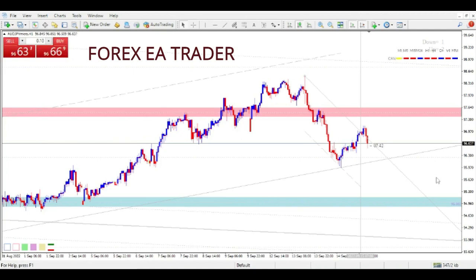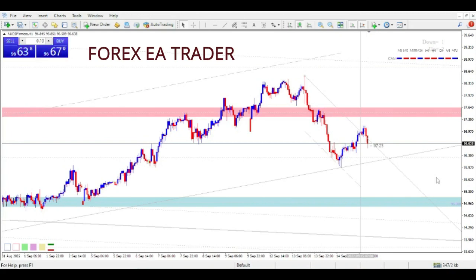So, yes, you can use indicators with your trading robots. I leave it up to you to find the best indicators, because that will be another task that will take you a lifetime.